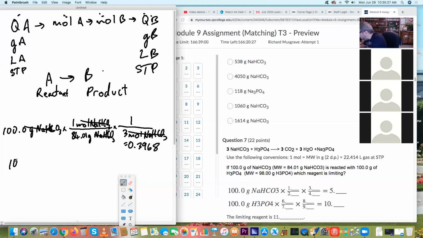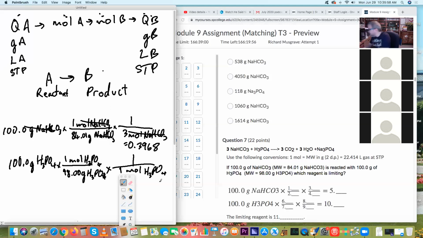We treat the other one the same, 100.0 grams of H3PO4. And what we want to do is, again, figure out how many moles of H3PO4 we're dealing with, which will be 1 mole over the molecular weight, which is 98.00 grams. And again, we follow the same pattern, times 1 over 1 mole of H3PO4.